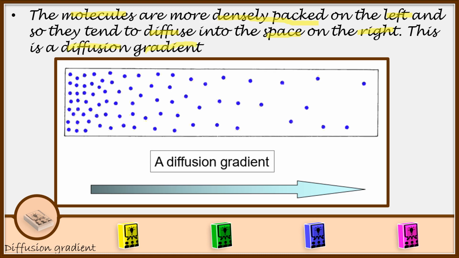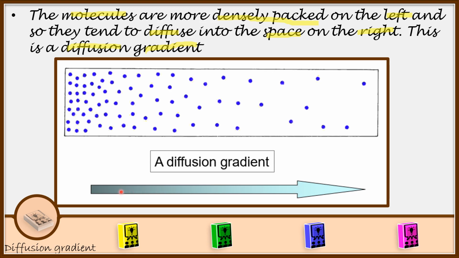When you look here, you will see that on the left we have more molecules compared to the right, and because of that, the molecules are going to diffuse from a region where they are highly concentrated to a region where their concentration is low. That is what we call the concentration gradient. We have created a concentration gradient: high concentration this side, and low concentration this side.